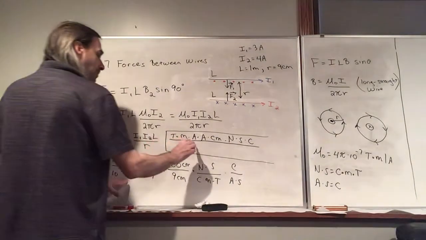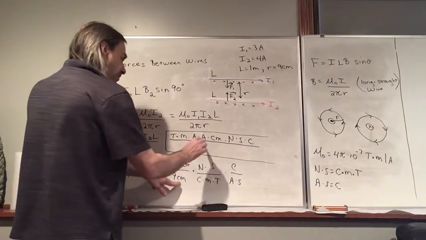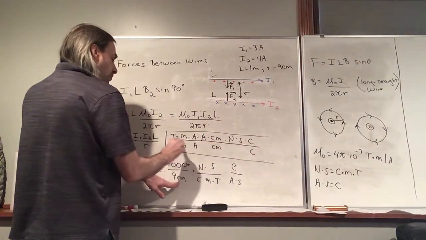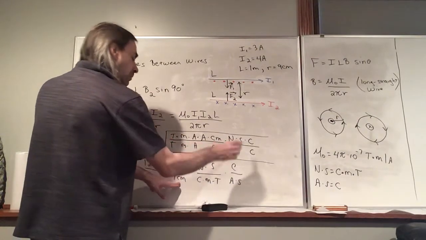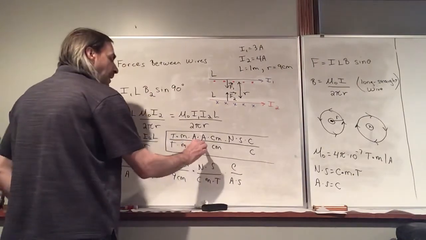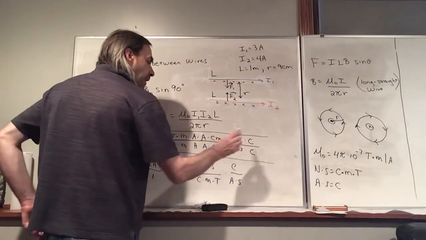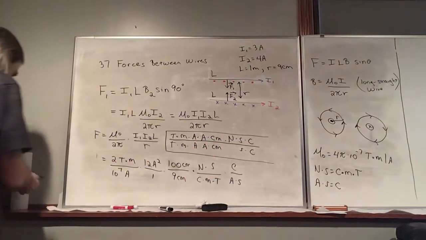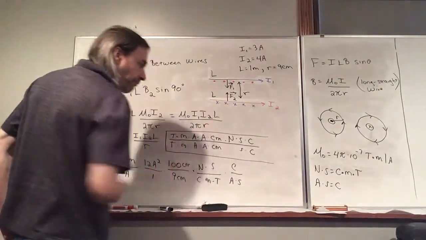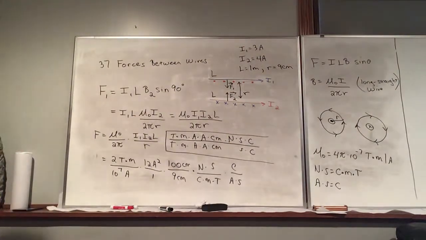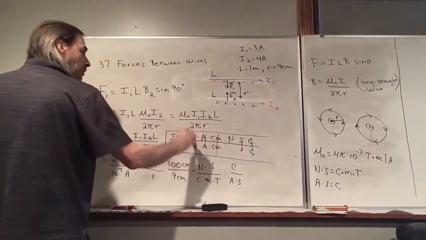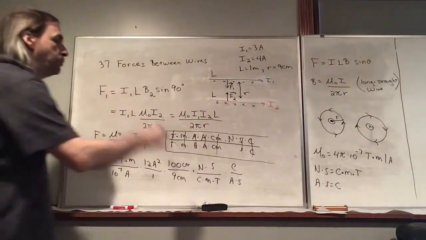So going across the bottom, here's an amp, centimeter, coulomb, meter, and Tesla. So amp, centimeters, coulomb, meters, Tesla, and then an amp and a second. So the only thing we have left, so this actually does give us newtons. Everything else canceled out.